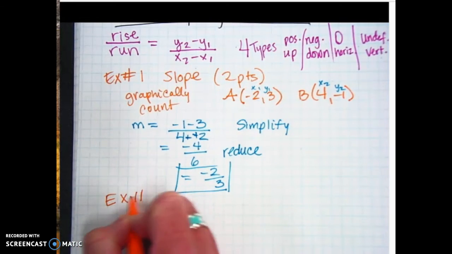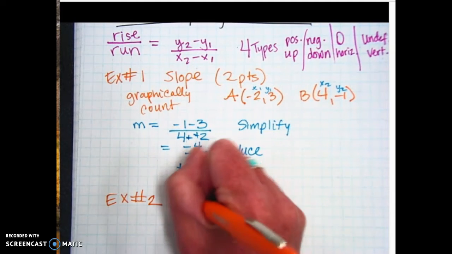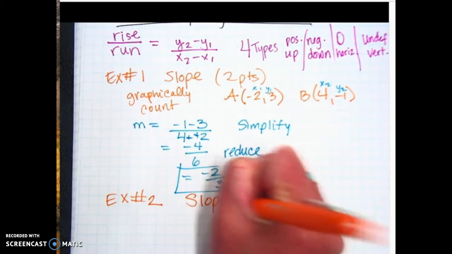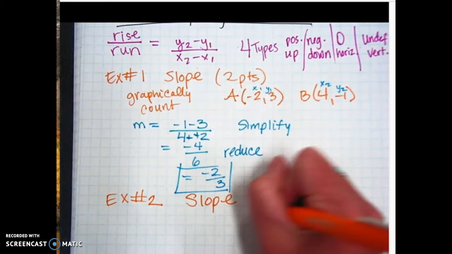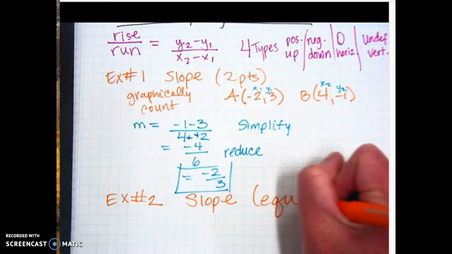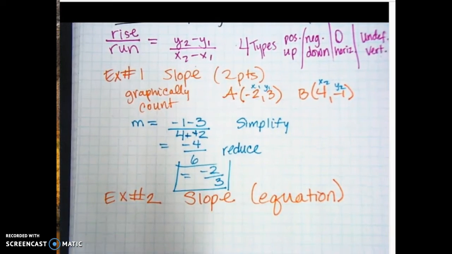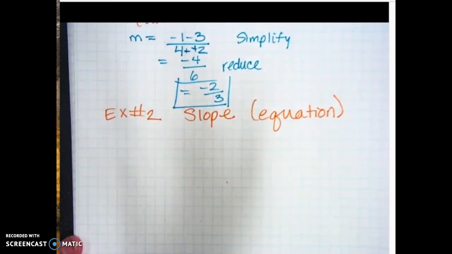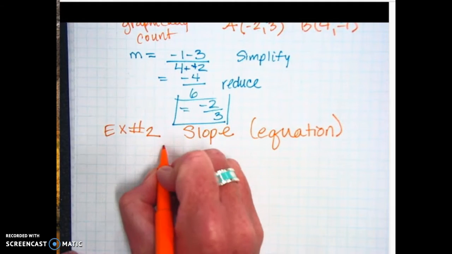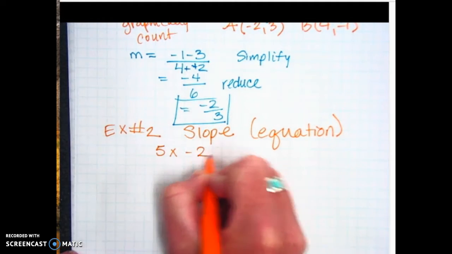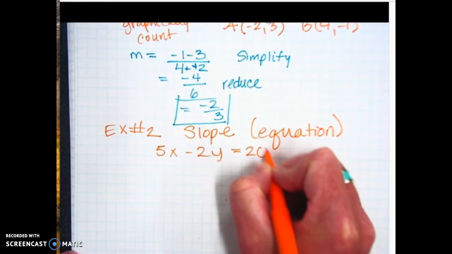All right, example number 2, sometimes you'll be asked to find the slope when you're given an equation. An equation will usually come to you in what we call standard form. So like 5x minus 2y equals 20.